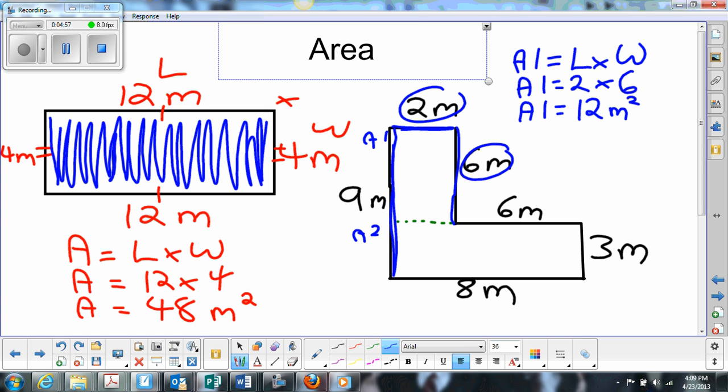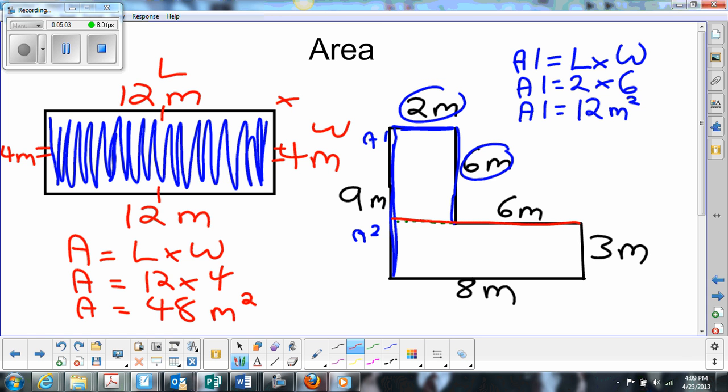A2, you're dealing with this shape right here. Okay. So on the width, sorry, the width you're dealing with 3 meters, and then the length you're dealing with 8 meters. So A2 equals length times width, and you always put this, okay?